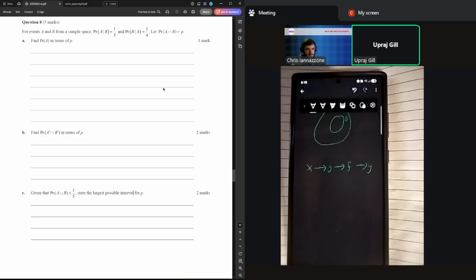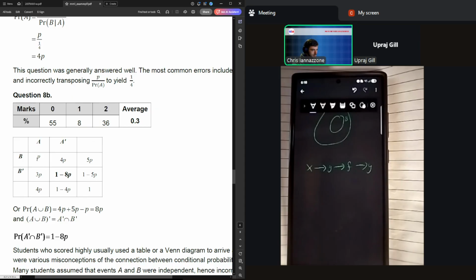Probably has to be just more than, because, well, actually, hold on. Union A, union B. Why does it have to be more than zero? Because the probability of A and the probability of B are more than zero. Well, probability of A is 4p and probability of B is 5p.